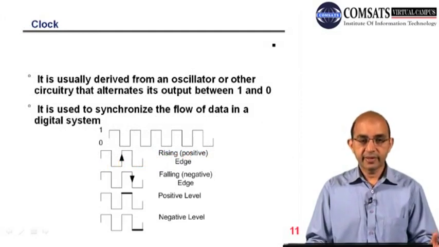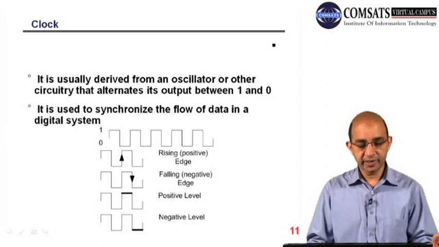As I have mentioned, we need a control signal in order to control or manipulate the functionality of the sequential components, and these are latches and flip-flops. That control signal we normally call a clock. We generate a clock signal from an oscillator.